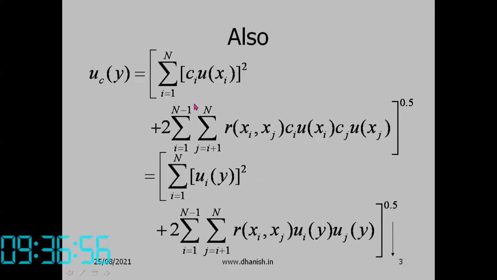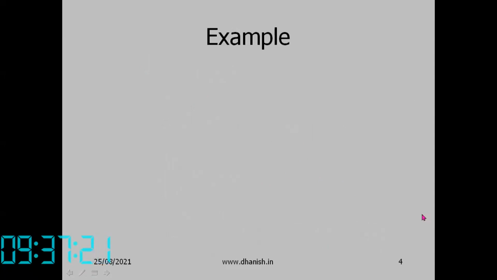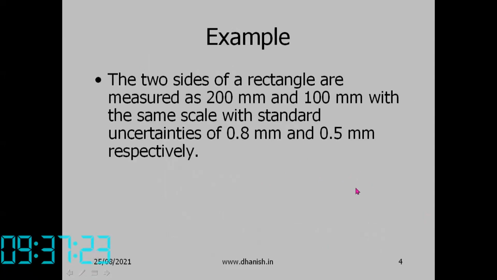So this is equal to either Ci into the standard uncertainty of xi, or the standard uncertainty of y, the contribution of i. This term is the same as this term, and you can see that this term is coming here, first one term, then the next term. This is a rewriting of this. Now we'll go to a problem.